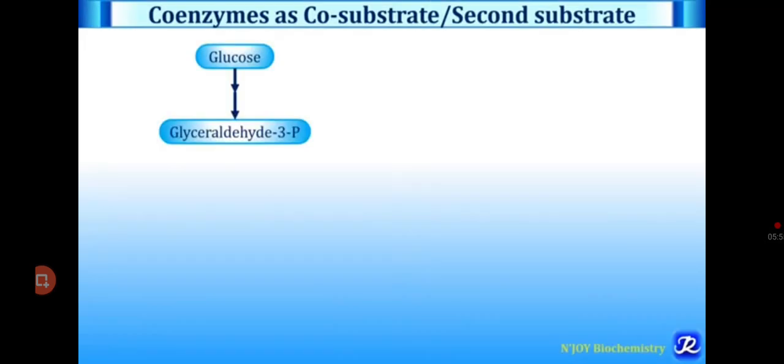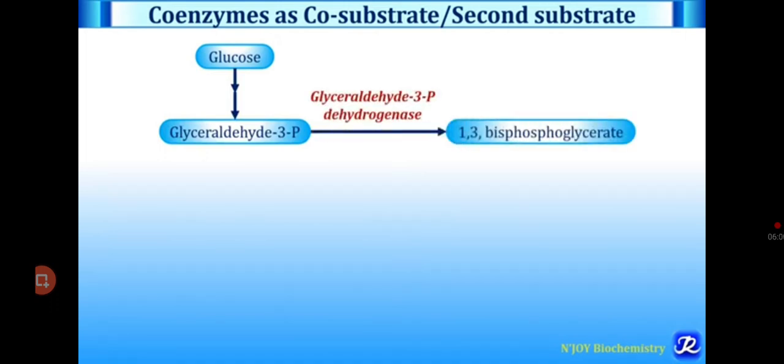The use of a coenzyme in a reaction can become critical and even more important than the use of the substrate itself for normal body functions. Under such conditions, the coenzyme is called a co-substrate or second substrate. In the process of glycolysis, glucose is converted to glyceraldehyde 3-phosphate through a series of reactions. Glyceraldehyde 3-phosphate is converted to 1,3-bisphosphoglycerate by the enzyme glyceraldehyde 3-phosphate dehydrogenase, and here NAD is reduced to NADH.